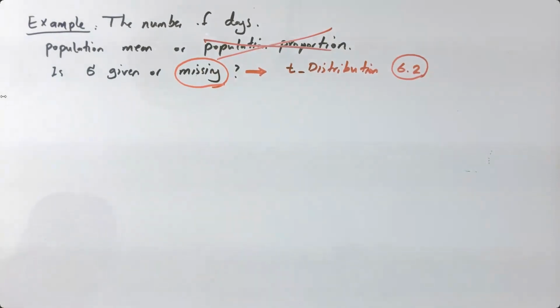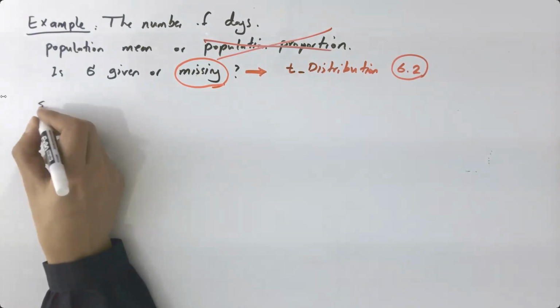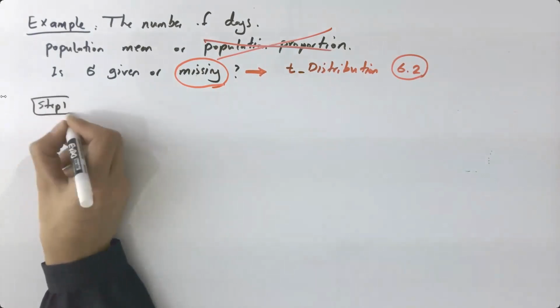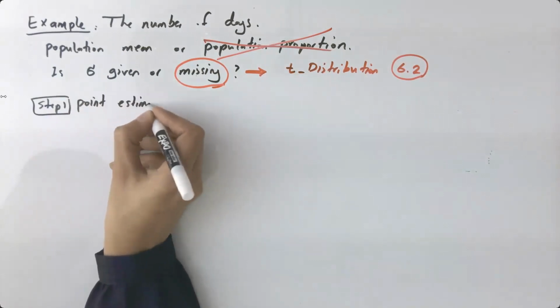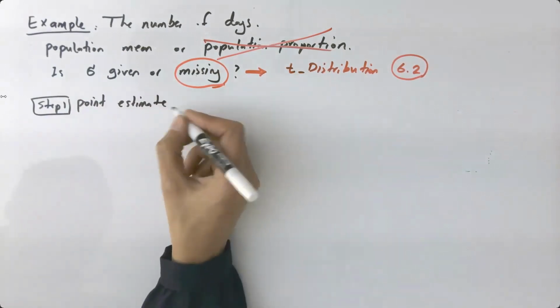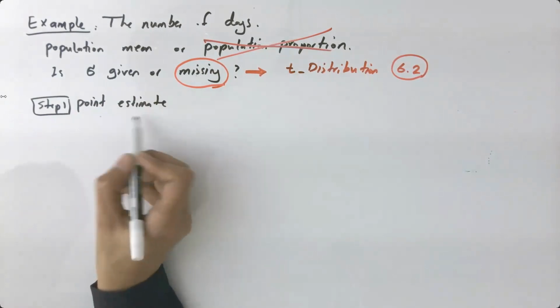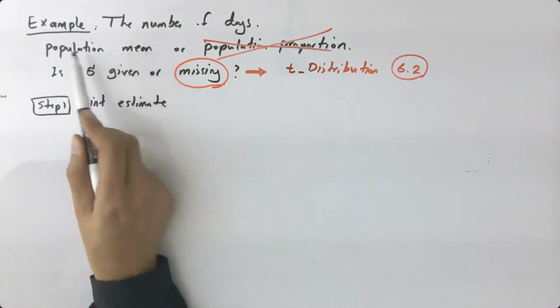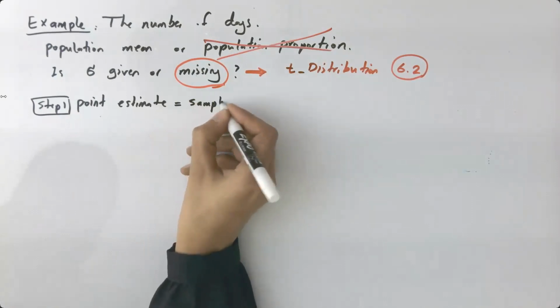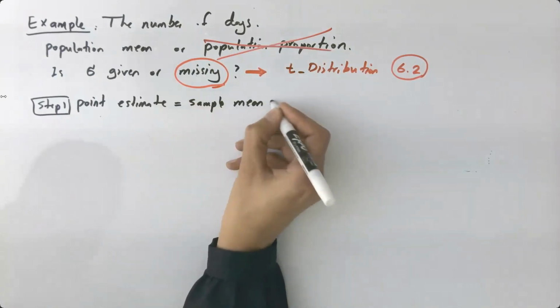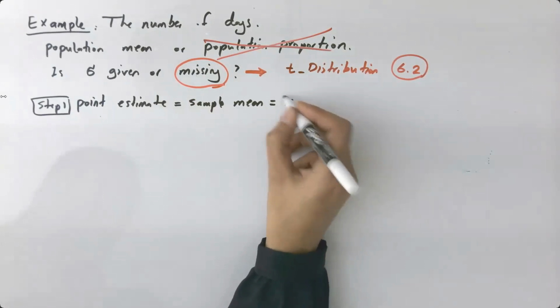Okay, so what is the very first step? In step 1, we need the point estimate. What is my point estimate? The best point estimate for population mean is sample mean. Guys, remember that. Sample mean or X bar.